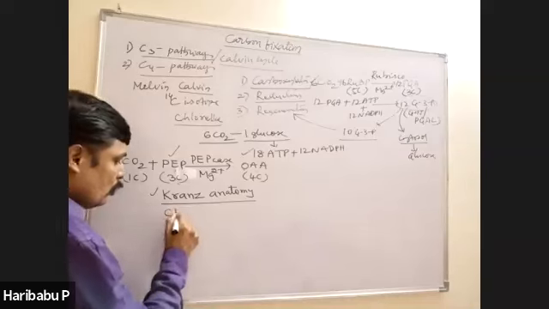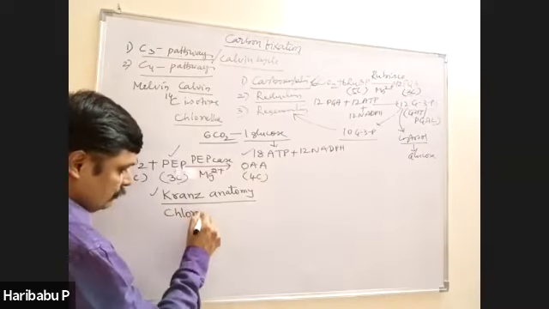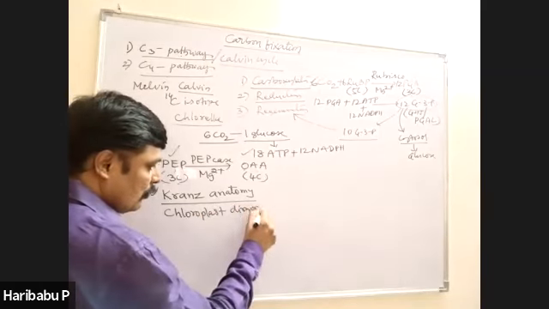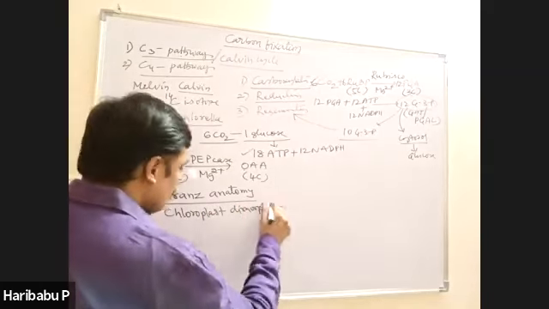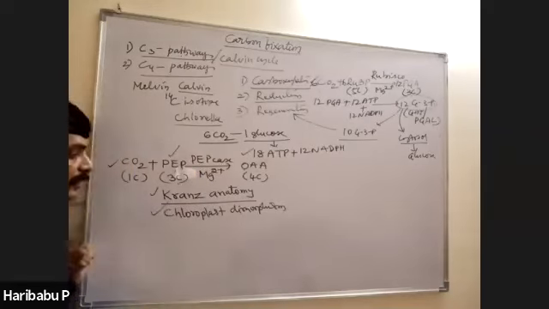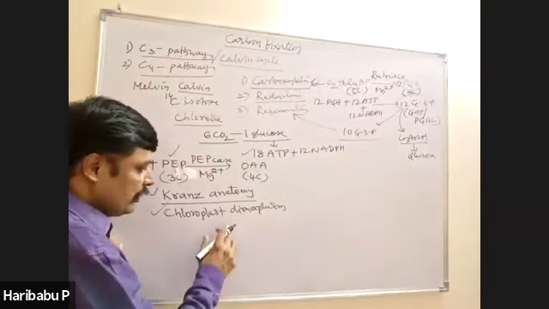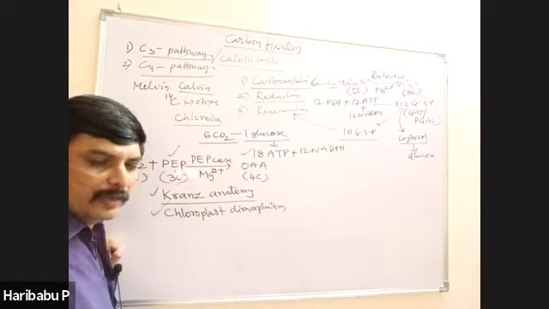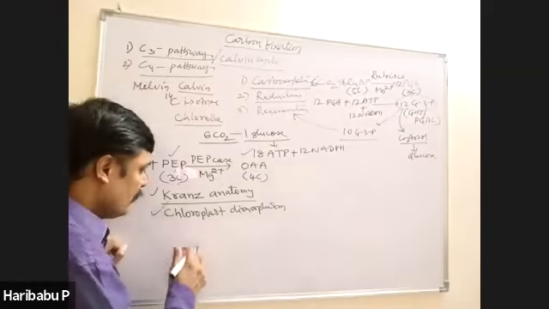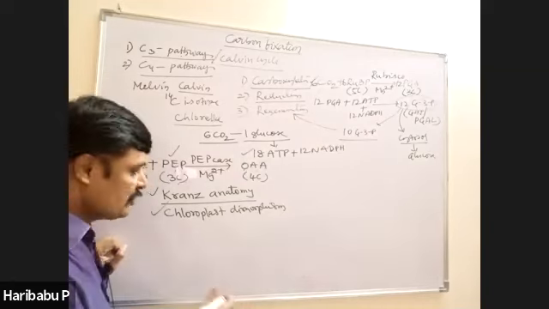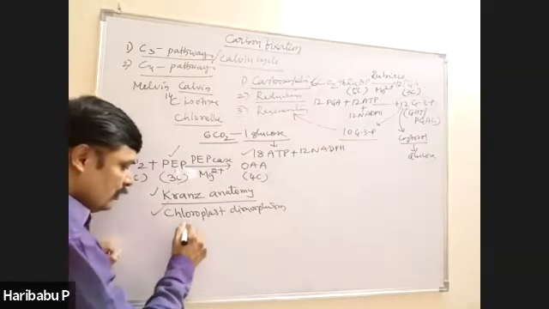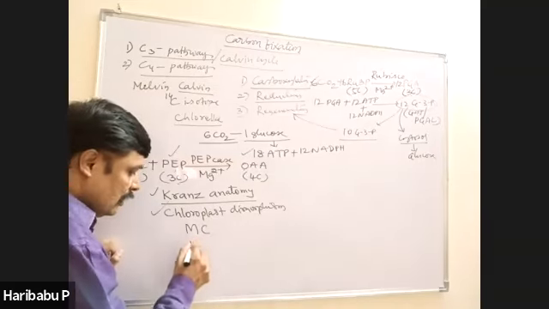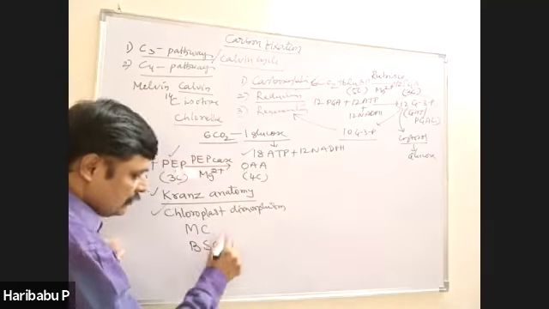Second one, chloroplast dimorphism. Two types of chloroplasts are present in C4 plants. That means granal chloroplasts and agranal chloroplasts are present. Moreover, there is a division of labor. That means mesophyll cells are present and also bundle sheath cells are present.